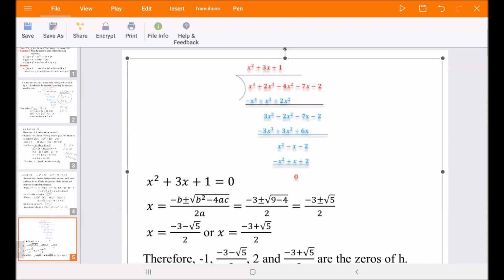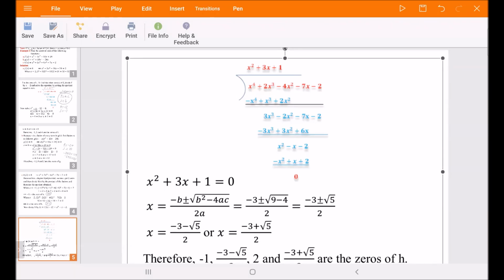Because b is 3, minus 3 plus or minus the square root of b squared, that is 3 squared, is 9. Then minus 4 times a times c. Because both a and c are 1, 1 times 1 is 1. 1 times minus 4 is minus 4, 9 minus 4 is 5. So minus 3 plus or minus root 5 over 2.